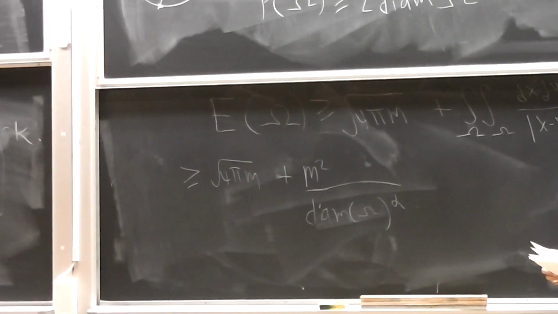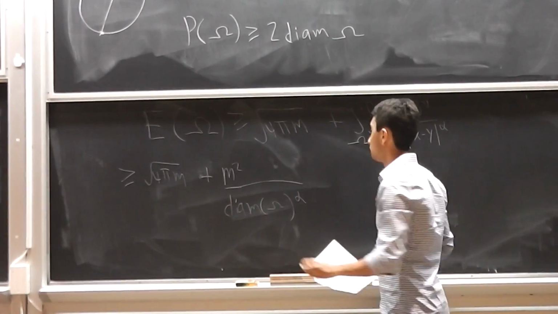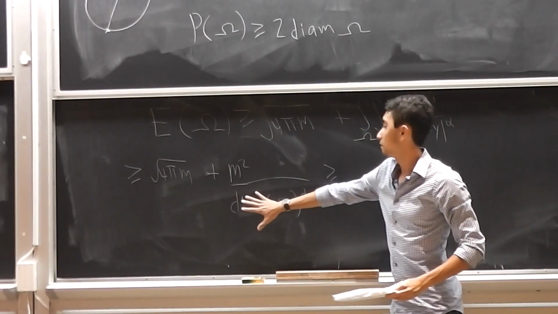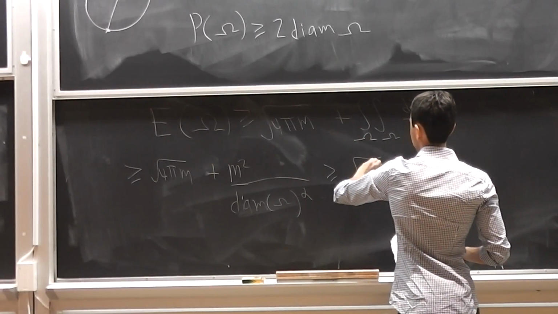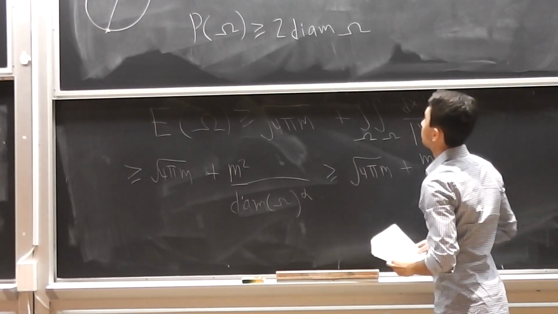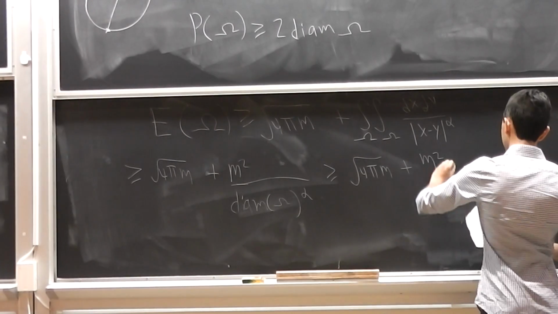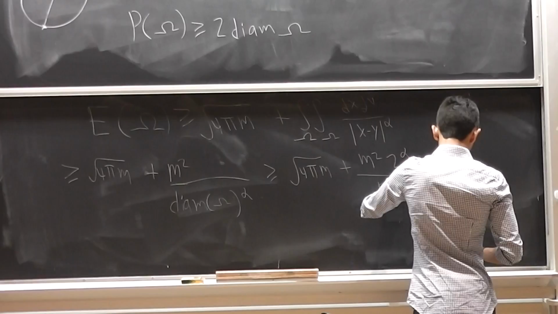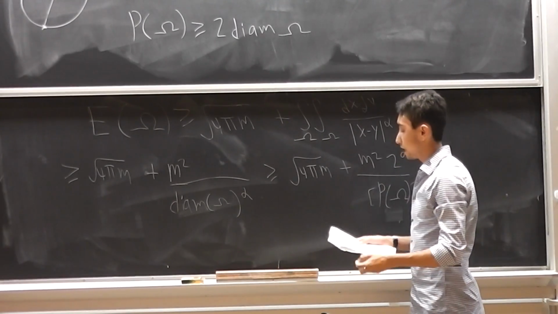Okay, so this diameter is still unknown, so what we do is use the other inequality there. If we put this inequality into here, we get 2 to the alpha over the perimeter.